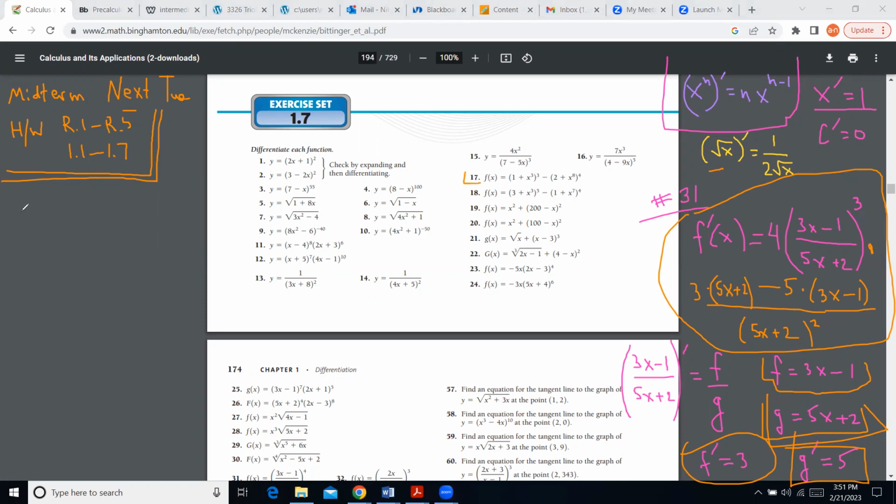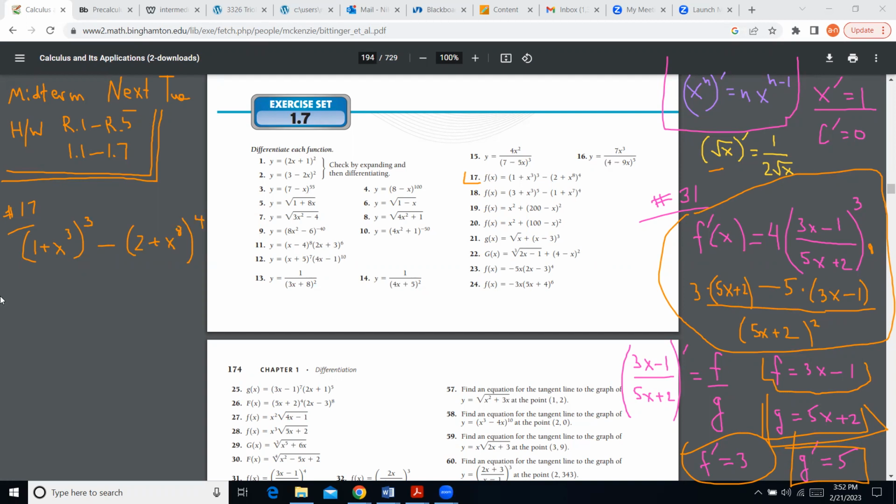That looks somewhat different. In this exercise, it looks like we need to apply the chain rule twice: to the first piece, which is 1 plus x cubed, raised to the power of 3 on the outside, and then again to another parentheses with 2 plus x to the power of 8, which is raised to the power of 4 on the outside.